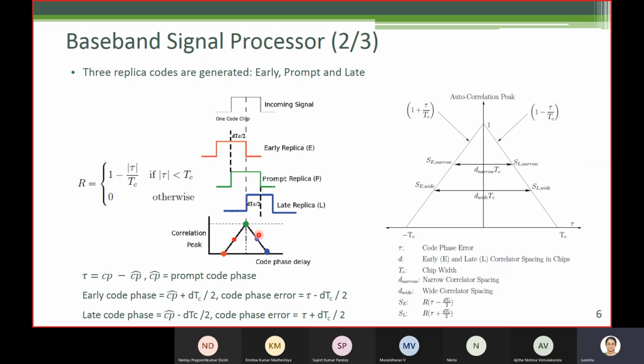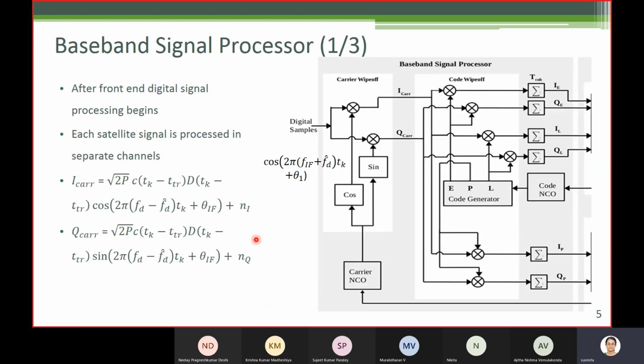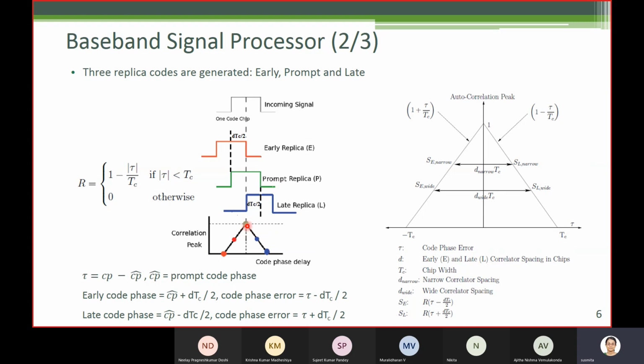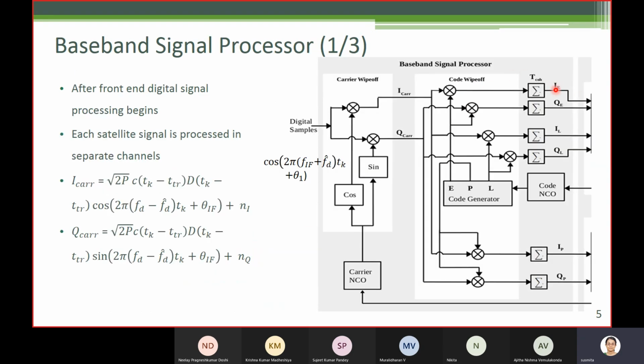When late is correlated, the corresponding value is here. So for the in-phase leg, we are getting this for prompt, this one for early, and this one for late at this point. For the quadrature phase, this is very small, so we are not considering the quadrature phase at this point.